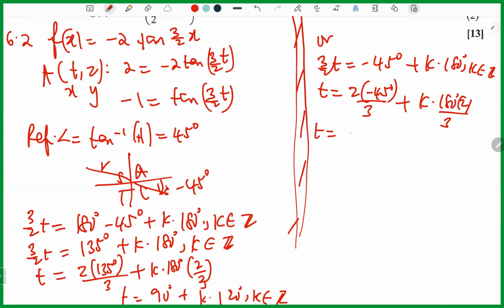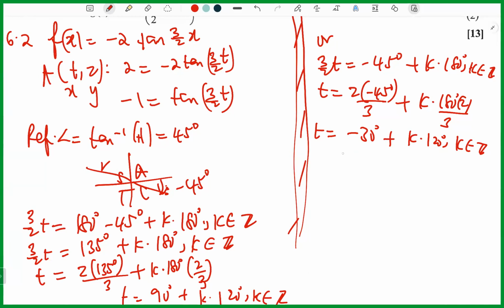So 2 times minus 45 is minus 90, divided by 3 is minus 30. And then divide 180 by 3, you get 60, times 2, 120. So this is k times 120 degrees. K sits in the integers. So that's what we get at these points.